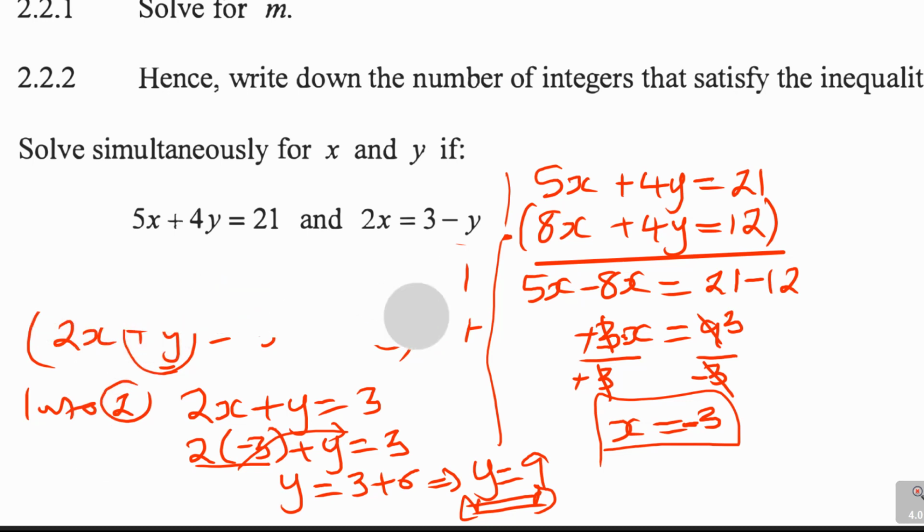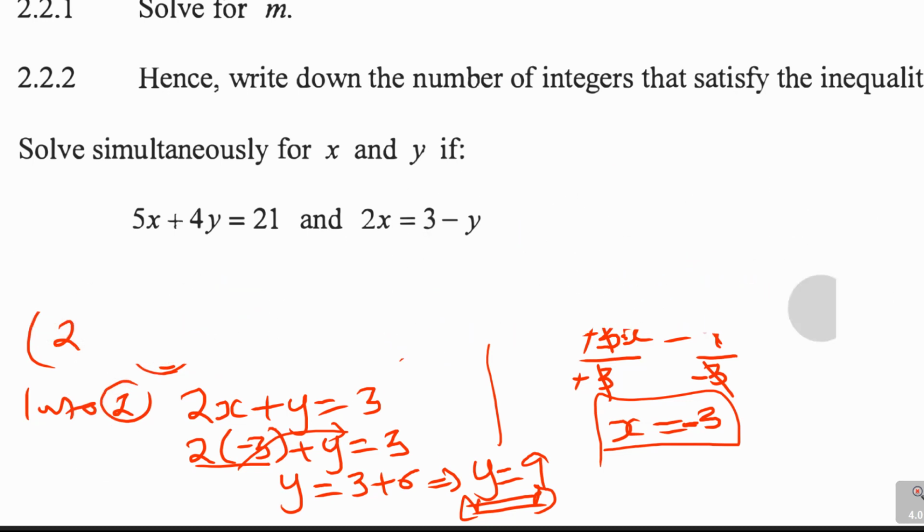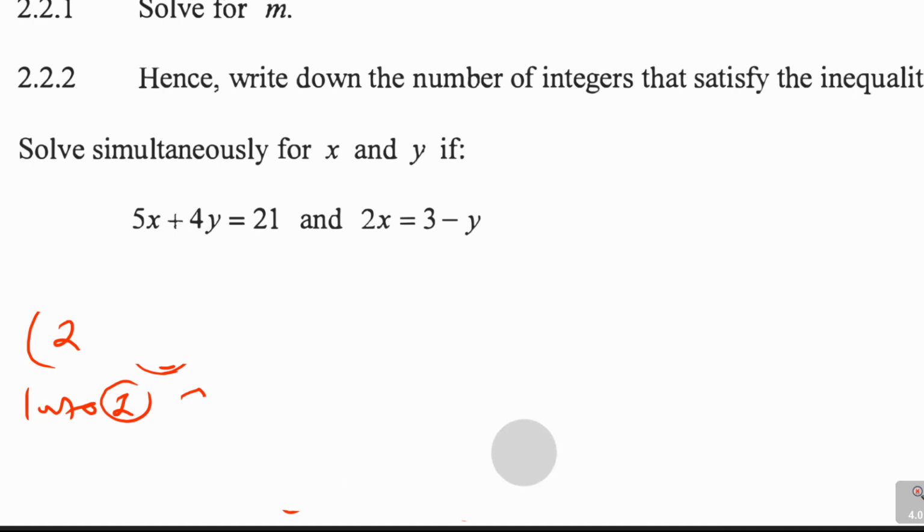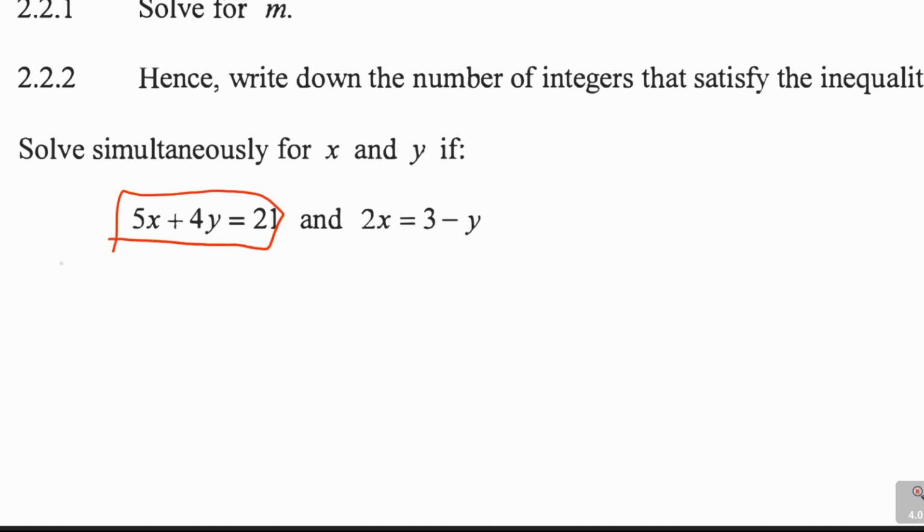But that is one way. I always prefer this one for grade 10s. I think it's fine, but it won't help in grade 11. When you're dealing with grade 11 now, you look at this equation. We call that equation 1. 5x plus 4y is equal to 21. Maybe your teacher already showed you this one. It's called the substitution method.